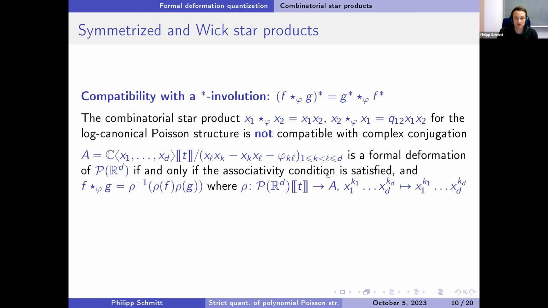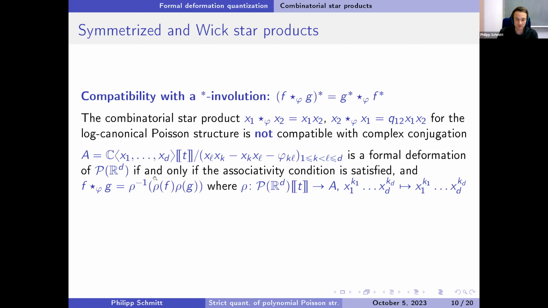The statement is that if the associativity condition is satisfied, this algebra A is a formal deformation of the polynomial algebra, in the sense that you can find an isomorphism rho from formal power series of polynomials into A, where you map a monomial to the equivalence class of the ordered monomial in A, and extend this linearly over formal power series. The way to compute the star product of f and g is then to map f and g into A, compute the product there, and go back with the rho inverse.